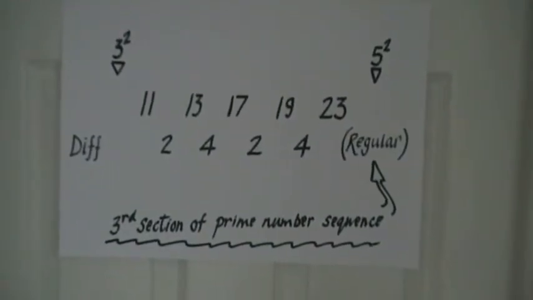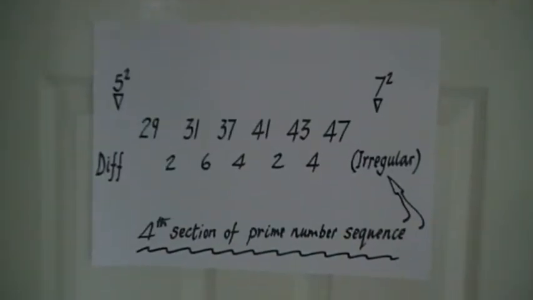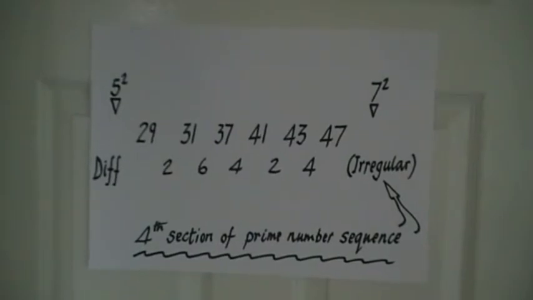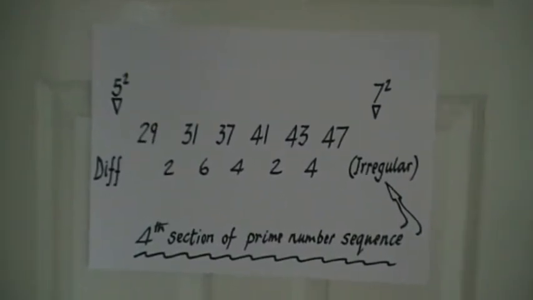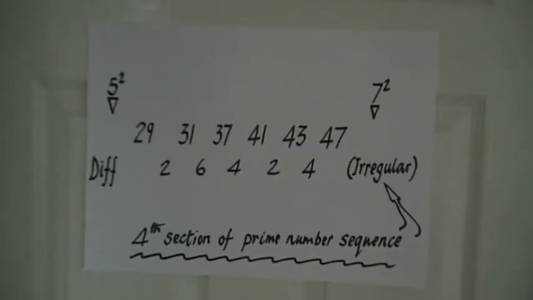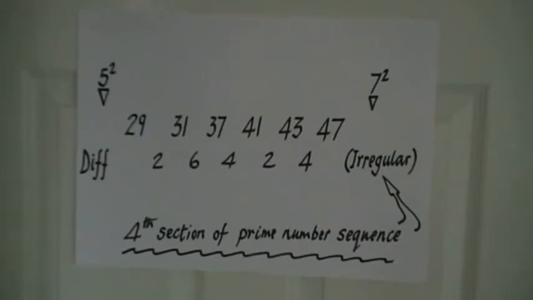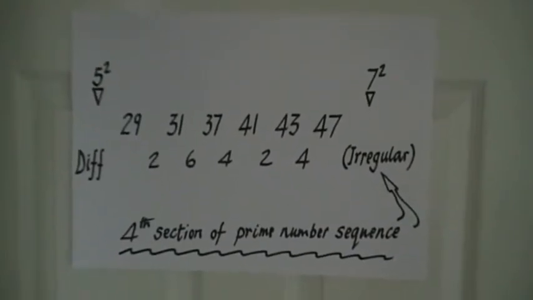But when we come to look at the next one, we see it's irregular. Here now is the fourth section of the prime number sequence. We know that it repeats in 30 places, and we have a section of primes from 5 squared to 7 squared, giving you the primes from 29 to 47.